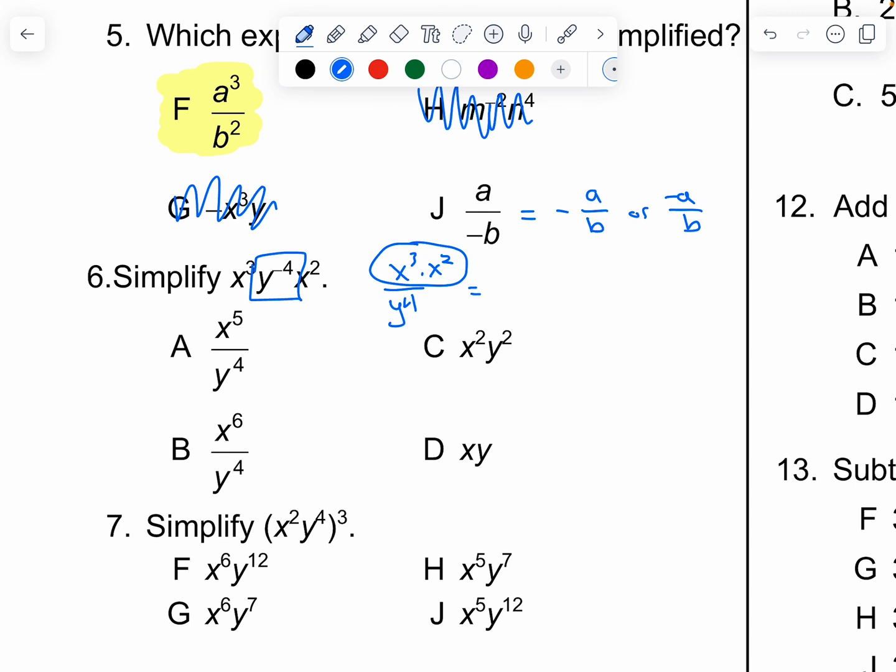We want to add those exponents together because x to the third means 3 x's and x to the second means 2 x's. So how many x's do we have? We have 5 of them. And the faster way to think about that is just to simply take 3 plus 2 and get 5. So A.